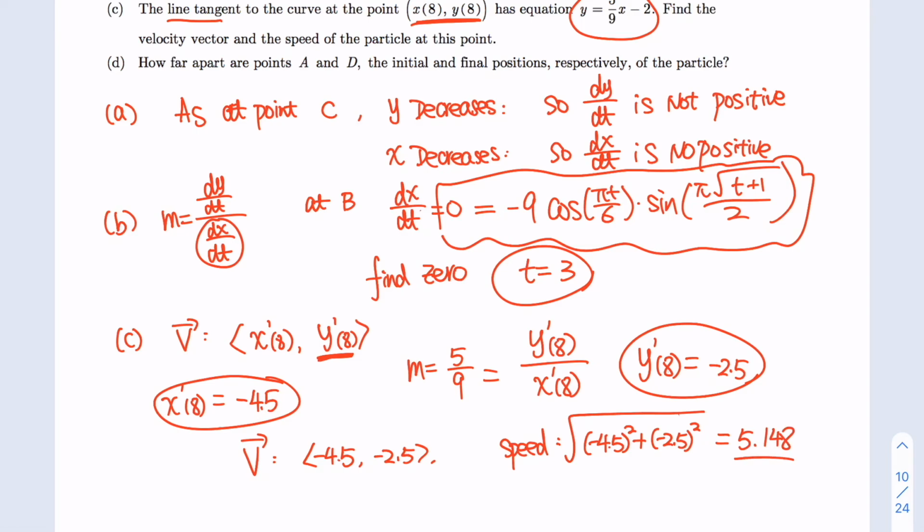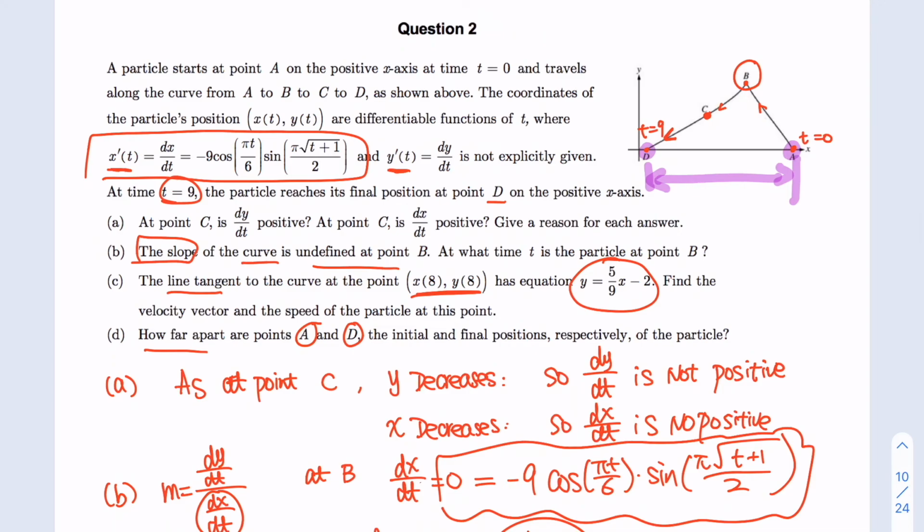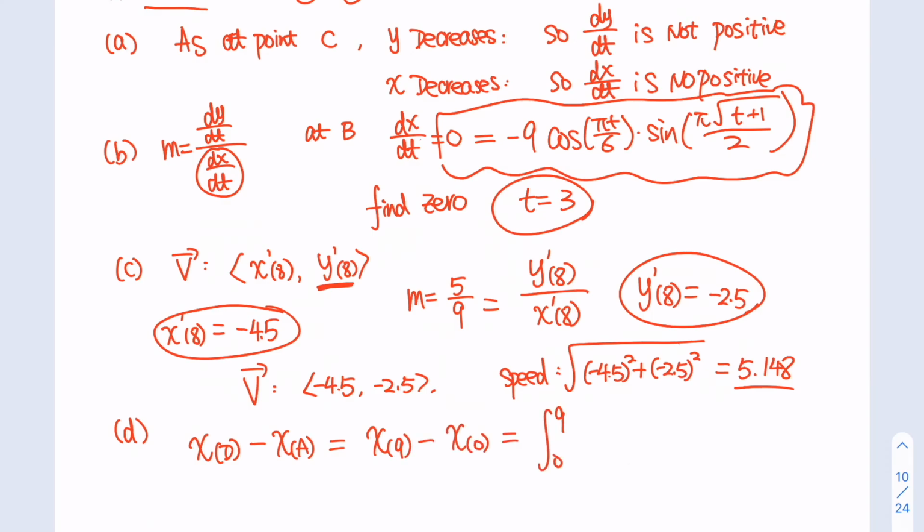Part D. How far apart are point A and point D? If you look here, point A is here, point D is here. We are looking for how far away they are. So it's the same thing as the displacement change. So it's x at D minus x at A, which is x of 9 minus x of 0, equals the integral from 0 to 9 of x prime dt.